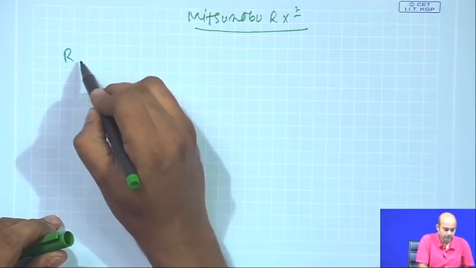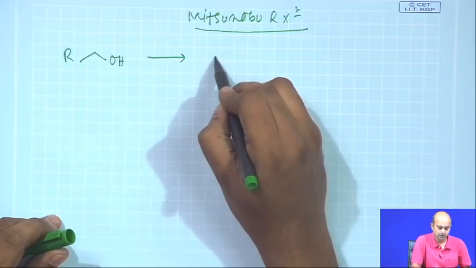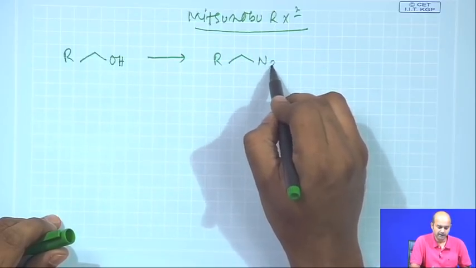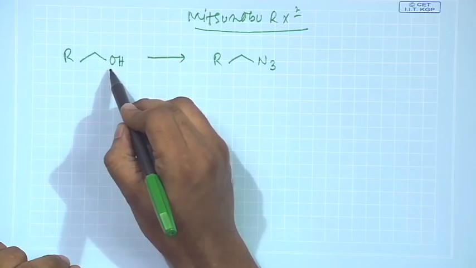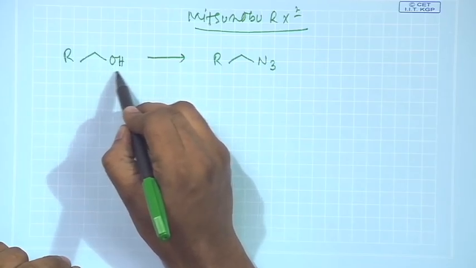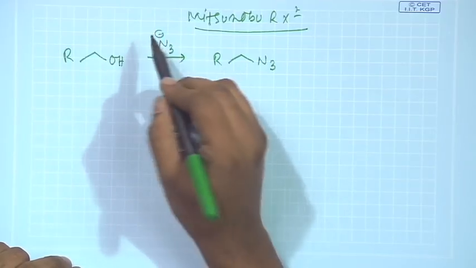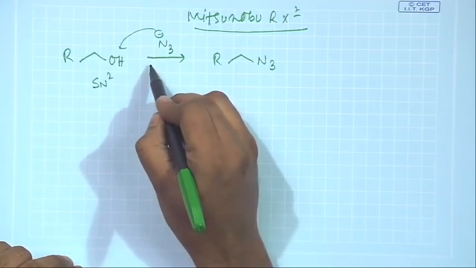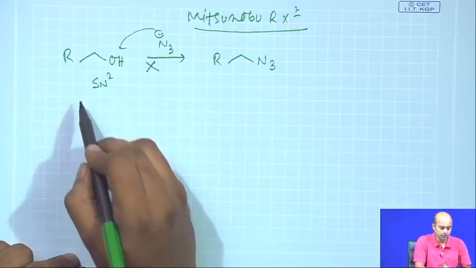Now, I will give you a simple problem. I am giving you a primary alcohol and I say convert this primary alcohol to an azide, in one step. Now, one step is a bit difficult, because I said hydroxy groups or primary hydroxy groups are not good leaving groups. So, if you try to get an azide nucleophile to attack here in an SN1 or SN2 fashion, you are definitely going to fail, because alcohols do not give a good leaving group.